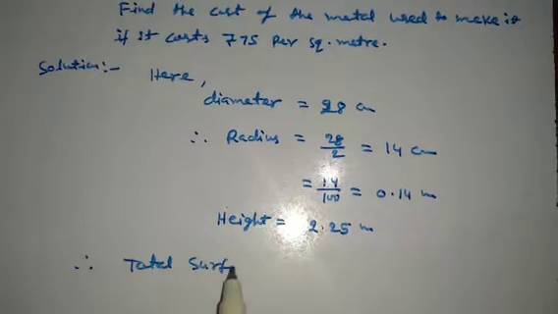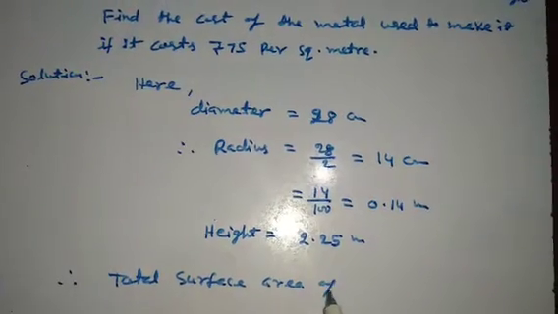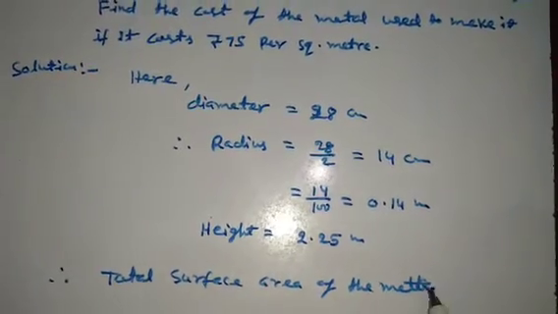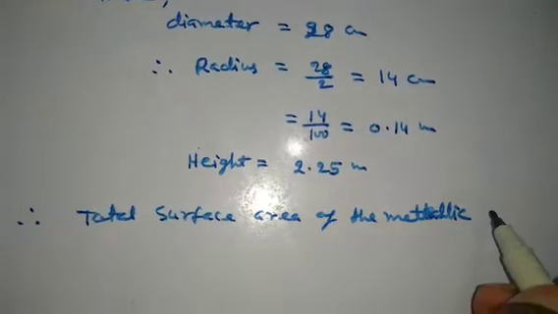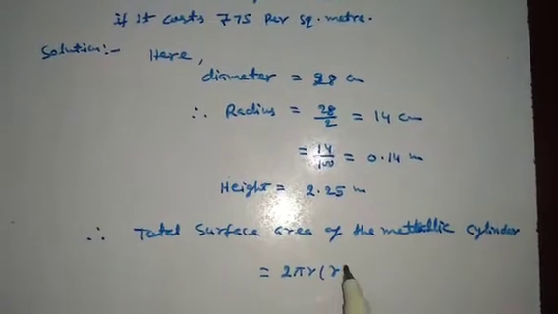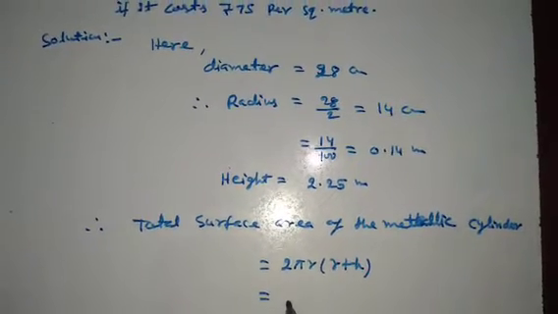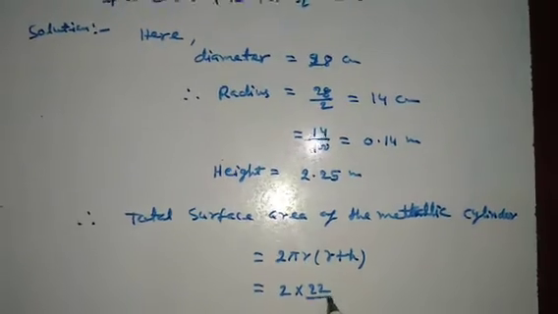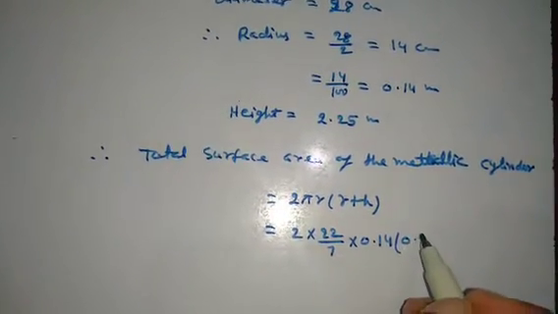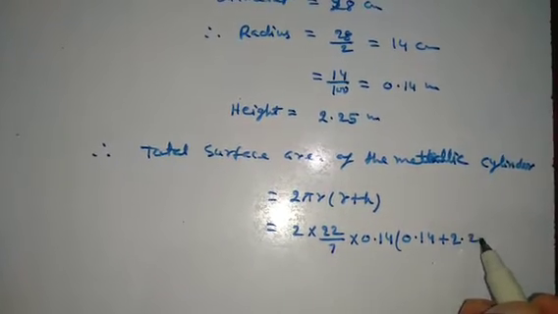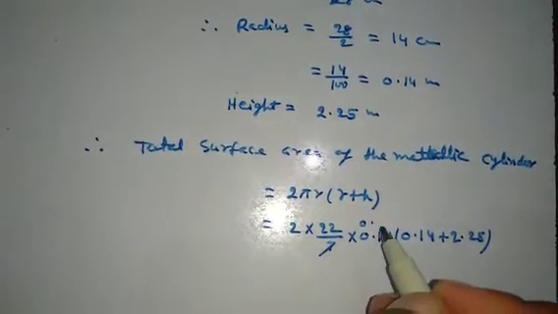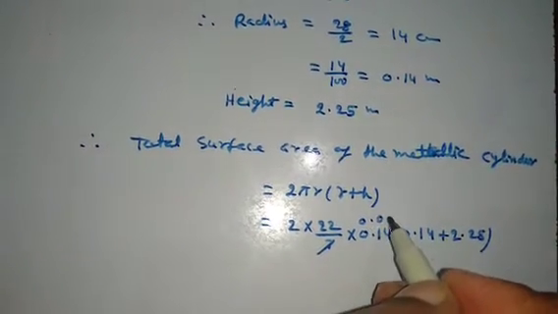So total surface area of the metallic cylinder equal to 2 pi r into r plus h, equal to 2 into 22 by 7 into 0.14 into 0.14 plus 2.25. 7 and 0.14 cancel, 0.02 times.